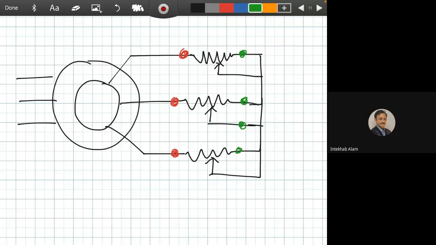By changing this resistance value, we can change the rotor torque and speed characteristics curve.